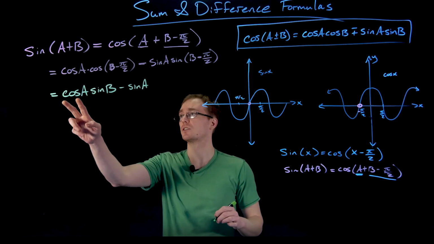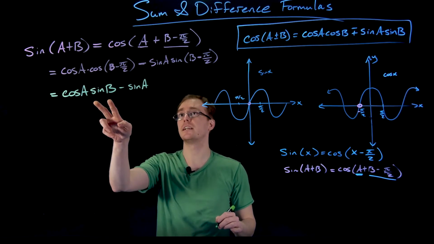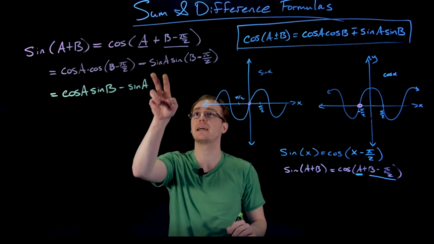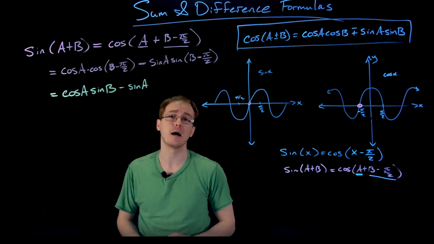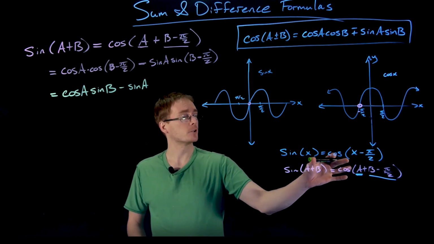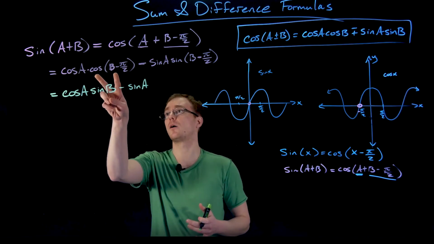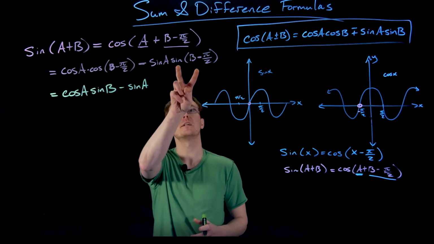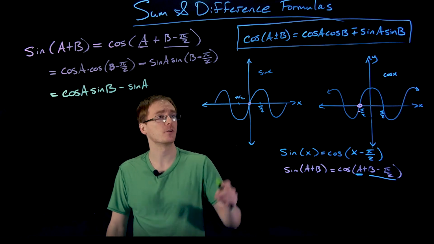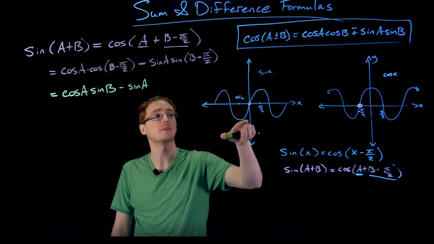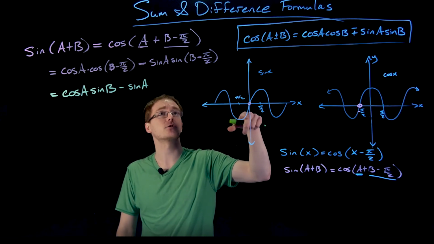So that first term turns into cosine of a times sine of b, and now we have to subtract away from that sine of a times sine of the quantity b minus pi over 2. So that first shifted relationship we saw helped us a lot with that second factor in our first term. We need a similar relationship for that second factor in our second term. So if we look at the graph of our sine function down here, this would be like sine of x or sine of b.